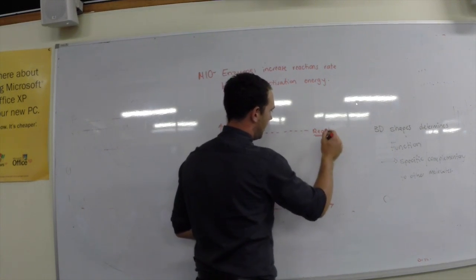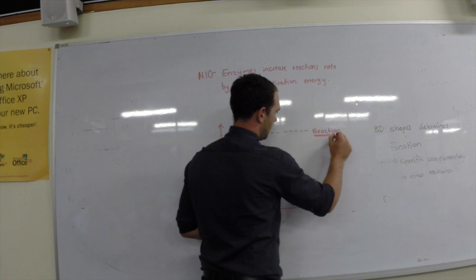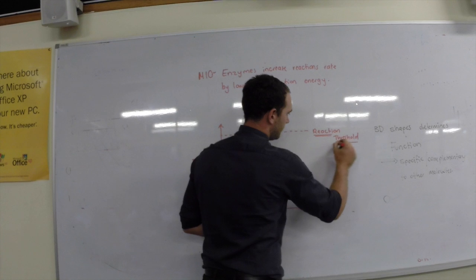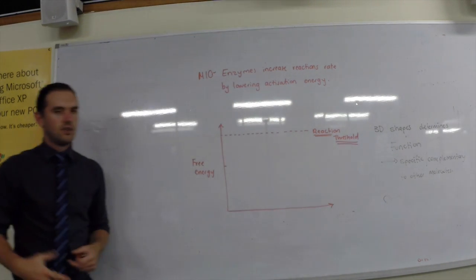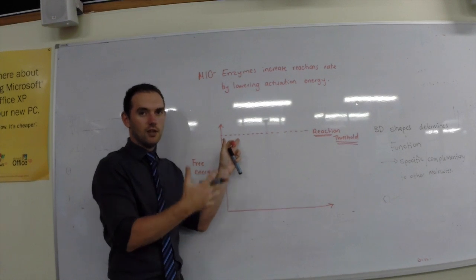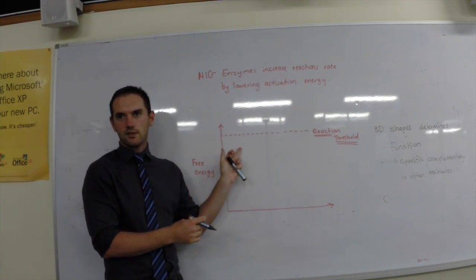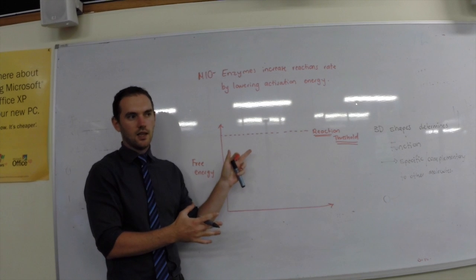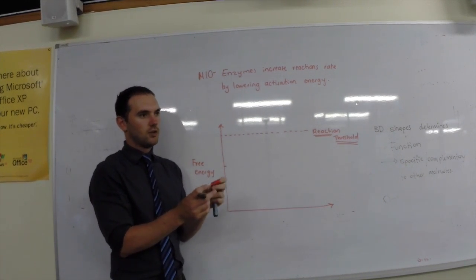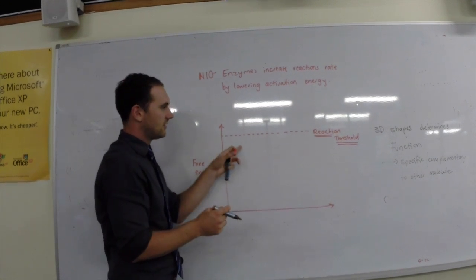Okay? So they have a reaction threshold. If the molecules can't reach this particular height of energy, this particular level of energy, they won't react. So they'll stay as molecule A and molecule B. They won't become molecule C or say molecule C and D. So they're stuck.